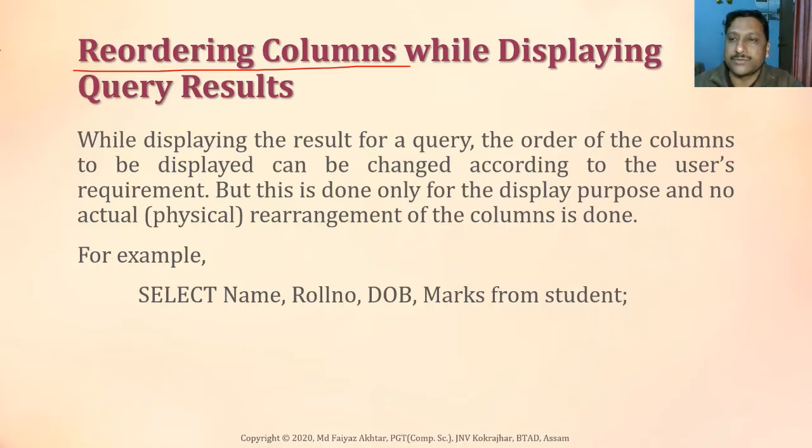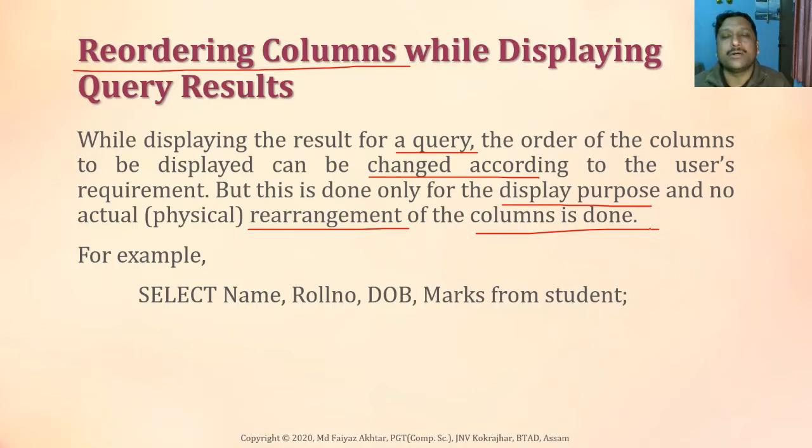While displaying the result of a query, the order of the columns can be changed according to the user's requirement, but this is done only for display purposes and no actual physical rearrangement of the columns is done. When we create the table, the order of column names is fixed and permanently saved in the table.